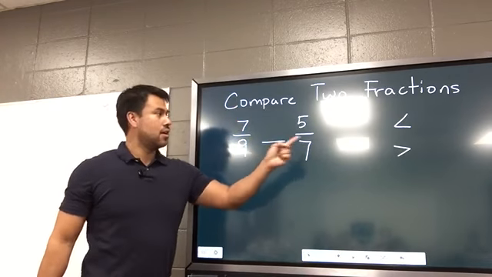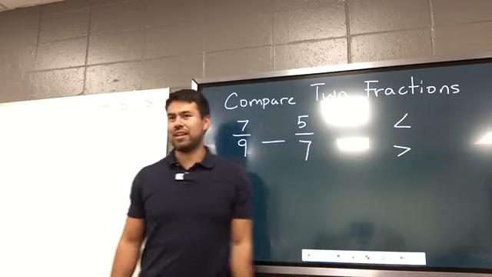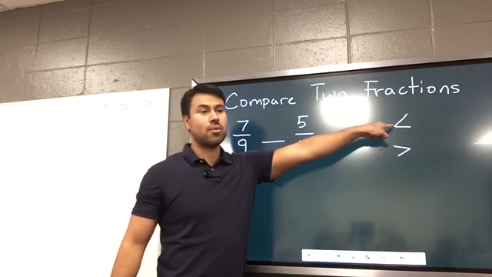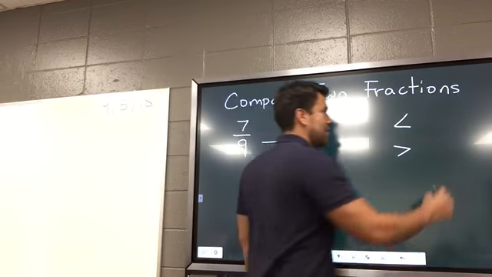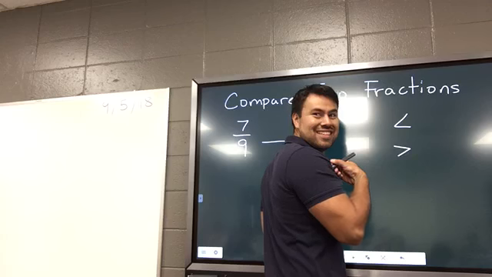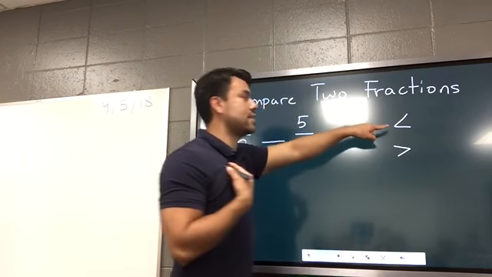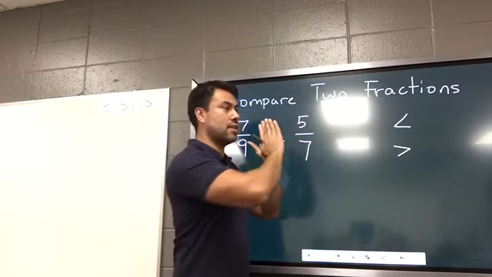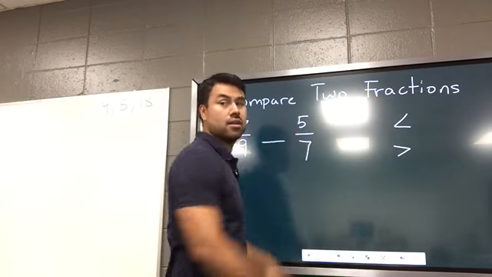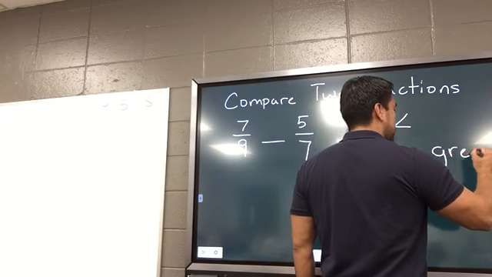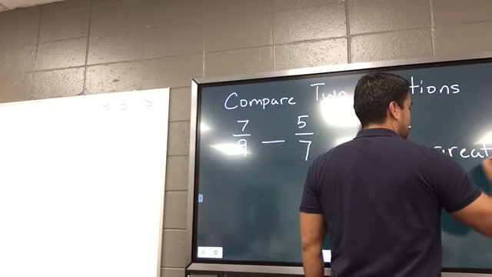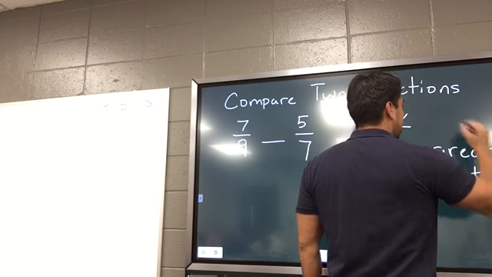But what is that symbol? I forget. What's that symbol right here where it points to the left? Greater than, less than. Okay, which one is it though? If I read it left to right, this one's greater than, and this one's less than.